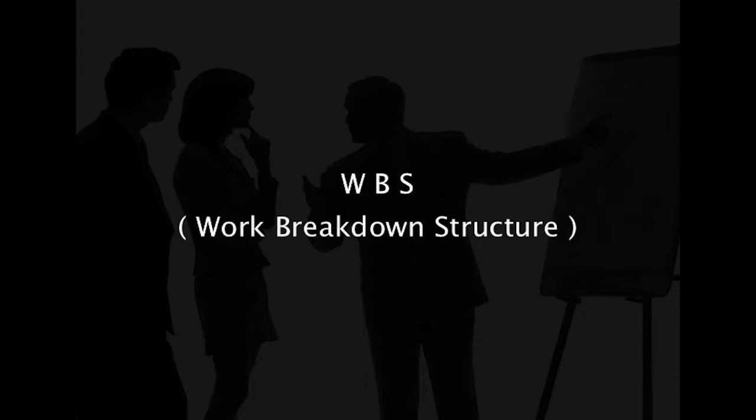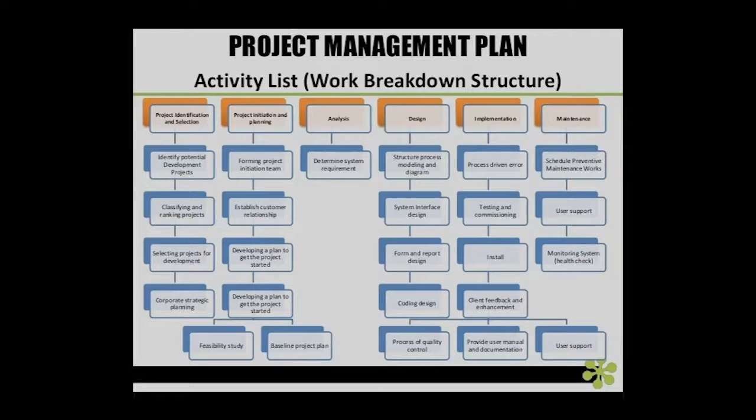Now, let us understand the meaning of work breakdown structure. The abbreviation is WBS. Work breakdown structure is one of the foundations for project planning. A complex project is broken into manageable components in a hierarchical structure determining the activities needed to achieve the project objectives.